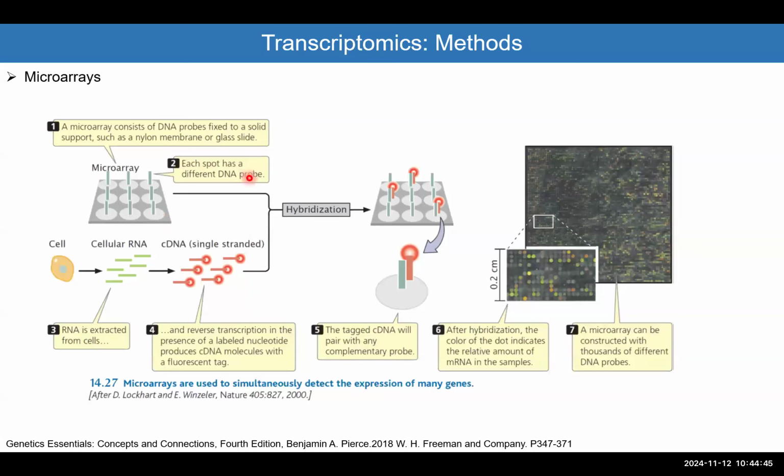Each of those is specific for a gene. And then you have your RNA. You convert that RNA into a fluorescent dye-labeled sample and add it, and then you will perform the hybridization. And after the hybridization, you can do the analysis that we discussed.